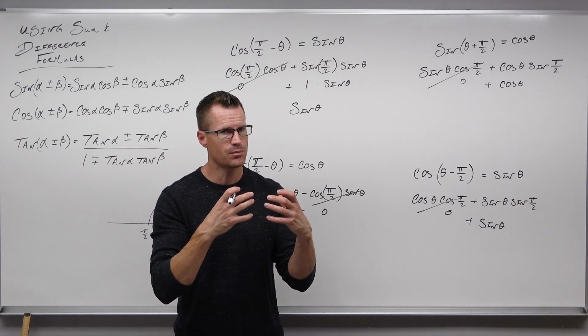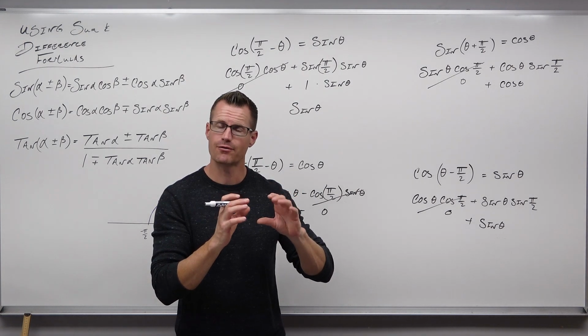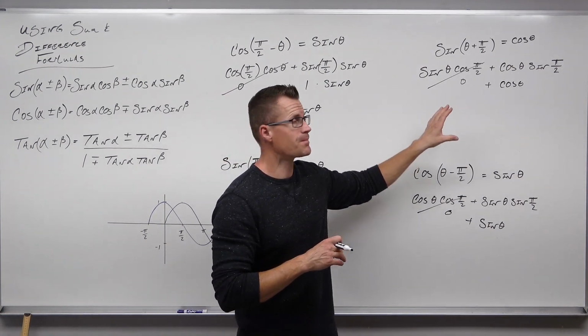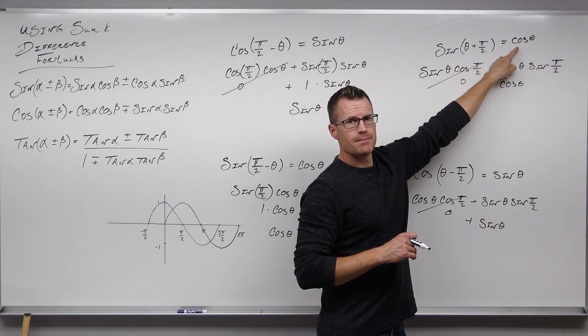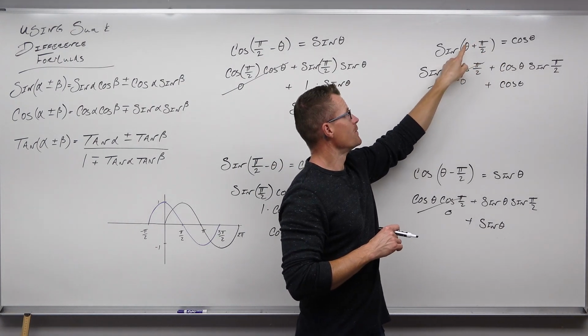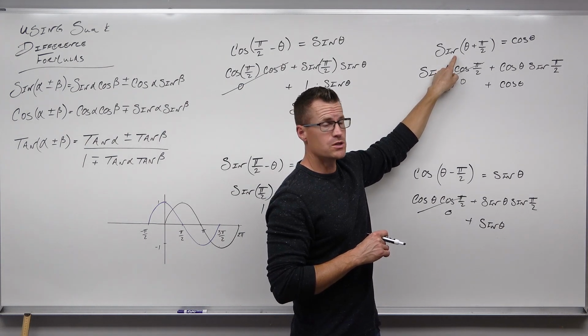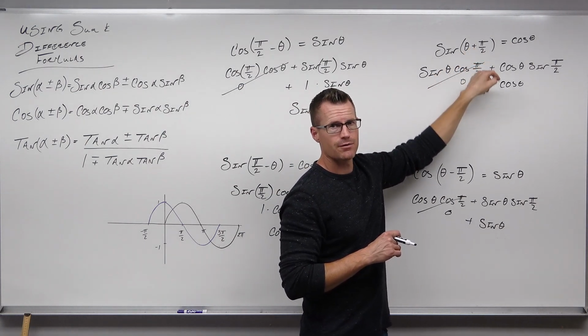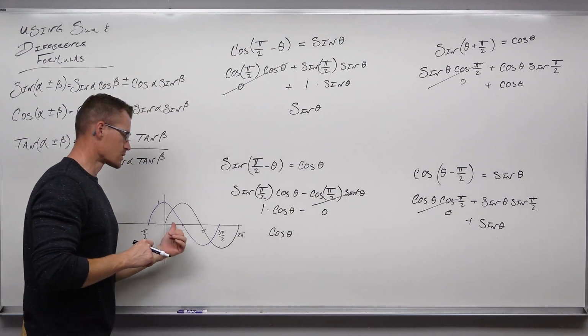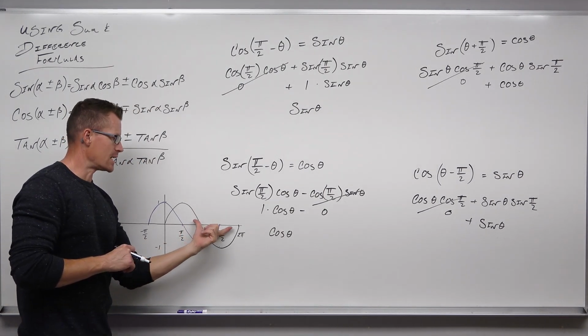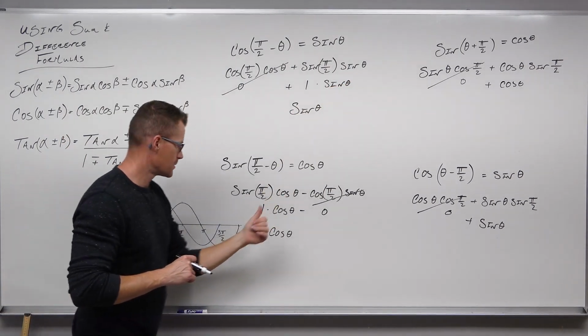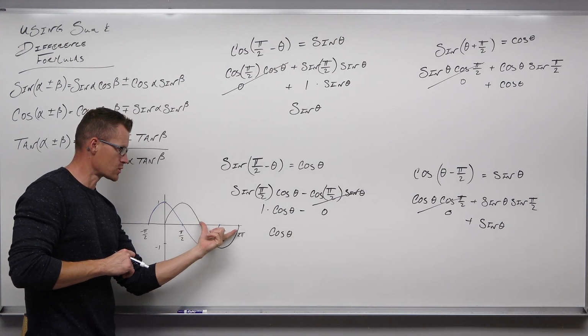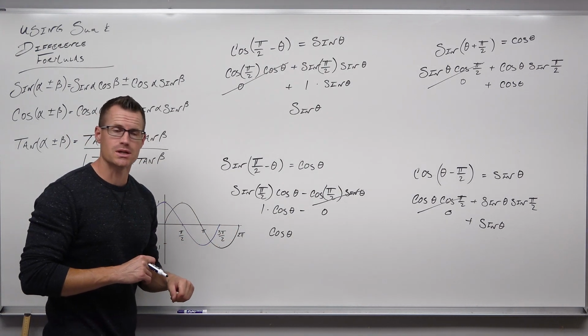If we subtract from that input, it actually shifts our graph right. So here's what this says. Cosine is actually just the sine function shifted to the left pi over 2. The cosine here is in purple. If you take sine and shift it left pi over 2, you actually get cosine.